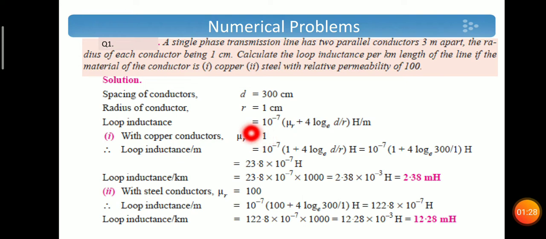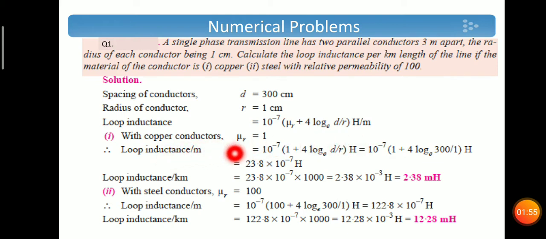Loop inductance equal to 10 raised to minus 7 into (1 plus 4 log d by r). This equation comes when mu r equal to 1. When there is mu r, loop inductance equal to 10 raised to minus 7 into (mu r plus 4 log d by r).